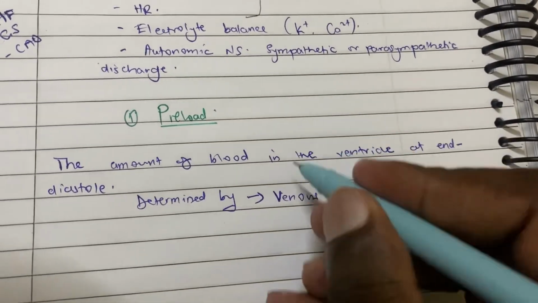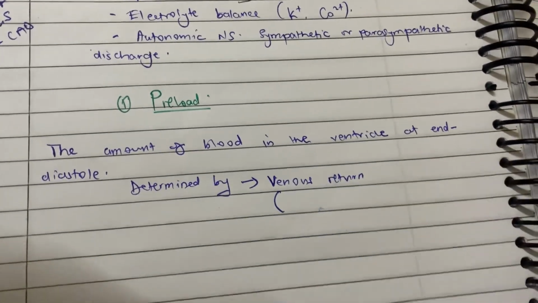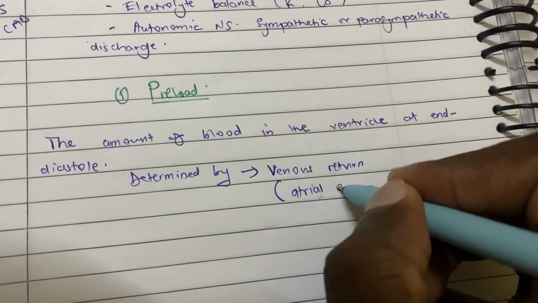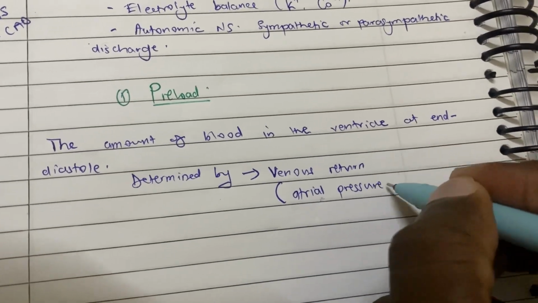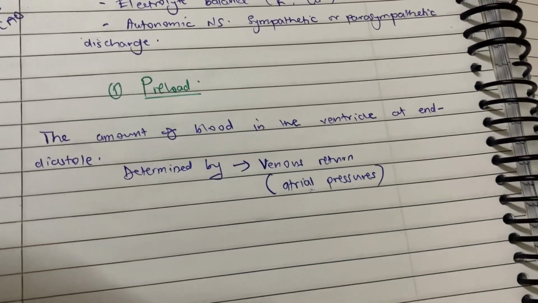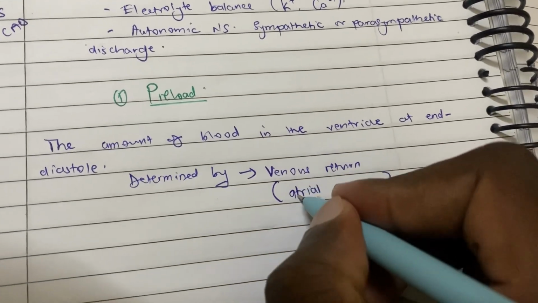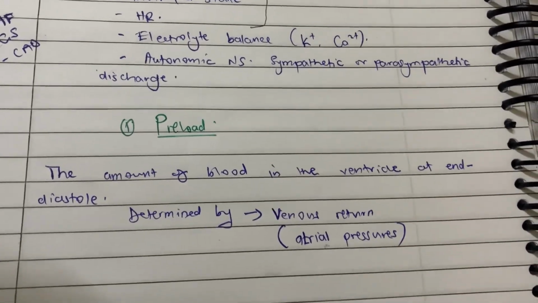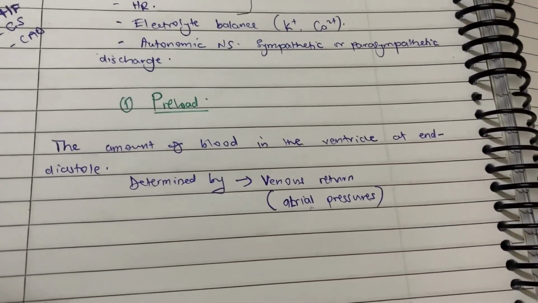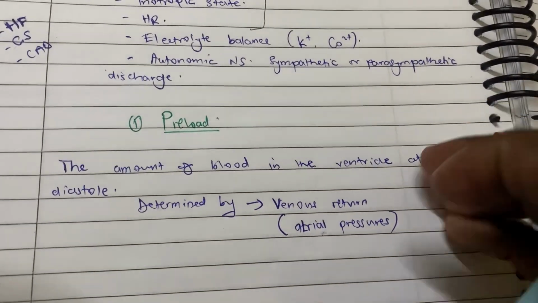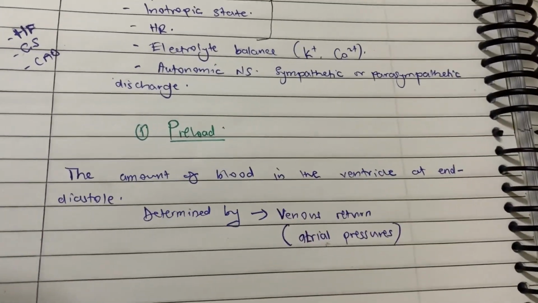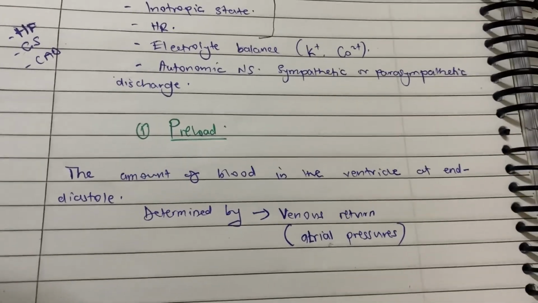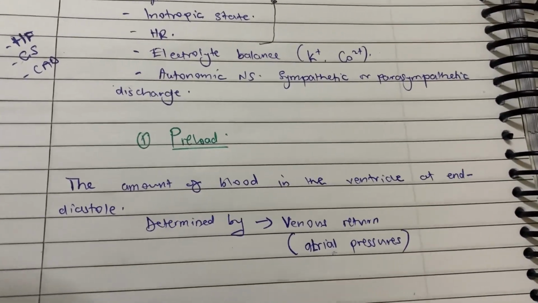So this one you can also say, in bracket, arterial pressures. This is in bracket because there are so many determinants of arterial pressures, like MR. Yes, so venous return determines the preload. There's nothing much about preload.